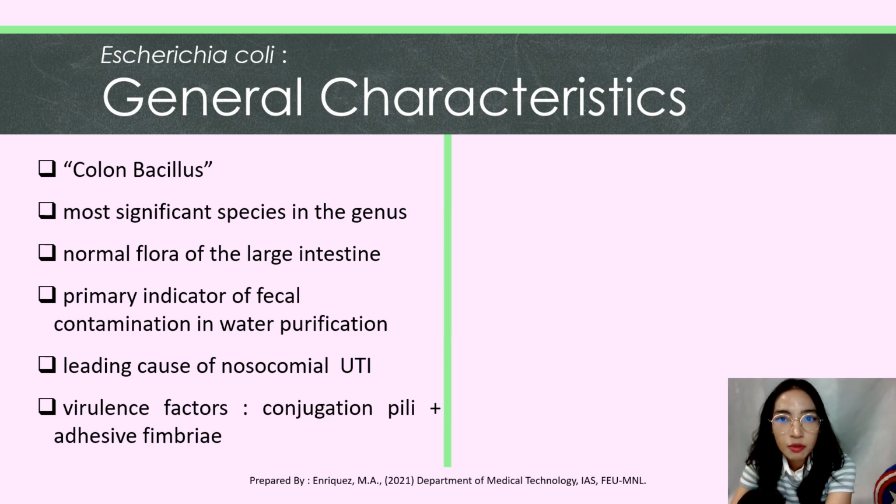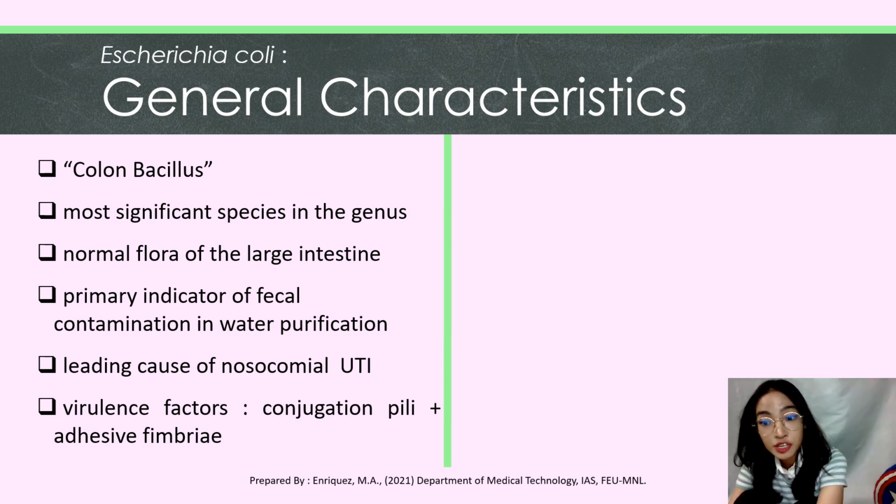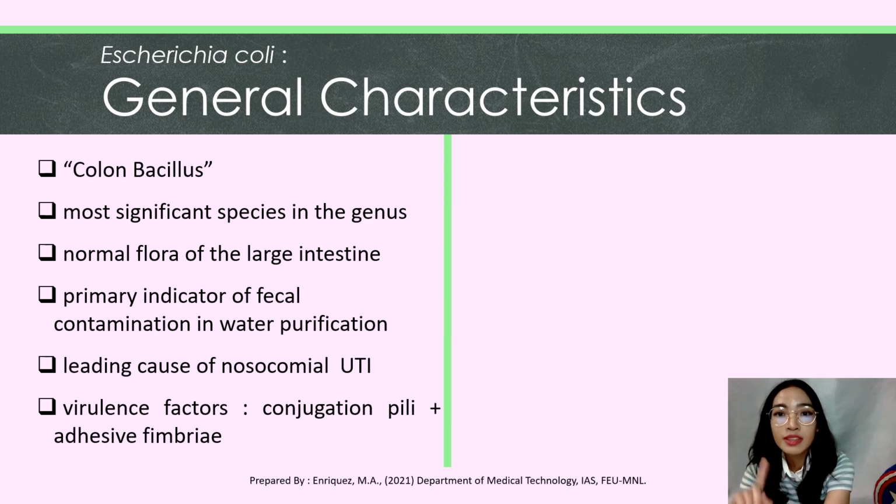The other type of pili is the conjugation pili or sex pili, which is used by other bacteria during the process of genetic transfer, specifically conjugation. Okay, so recall po muna natin yung process of conjugation. During conjugation, one bacterial cell can transfer or donate some of its genetic material to a recipient cell.